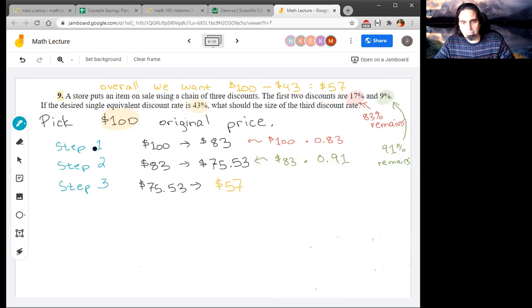And say that this is the 75.53 times something is my 57. Divide both sides by the 75.53 to get y by itself.